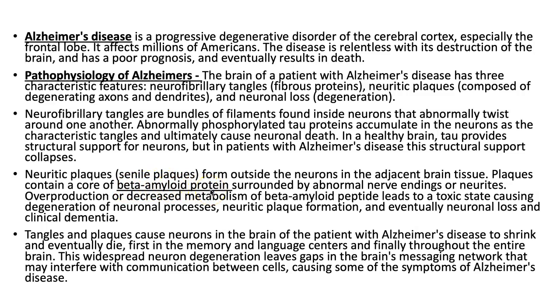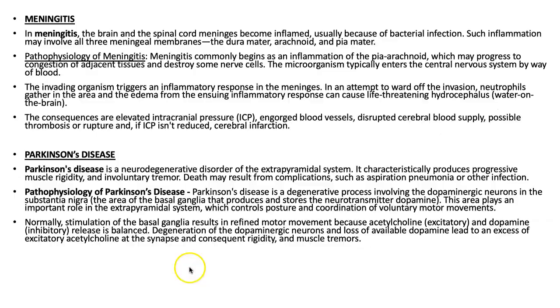When the beta amyloid becomes mutated, it changes its shape and makes the release and the transmission of neurotransmitters impossible. So I want you to know that it's the two of them: tau is responsible for the inside neurofibrillary tangles, and then the senile or neuritic plaques are due to mutated beta amyloid outside of the neuron, and it's a terrible progressive disease.